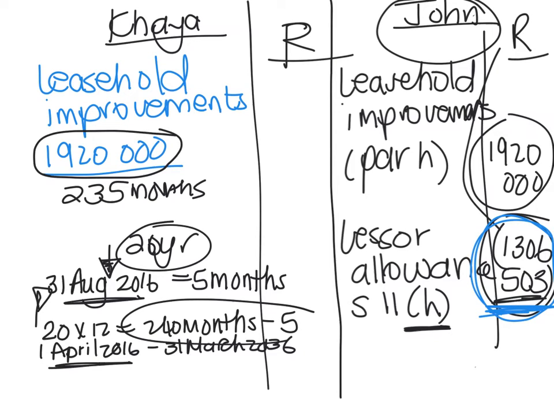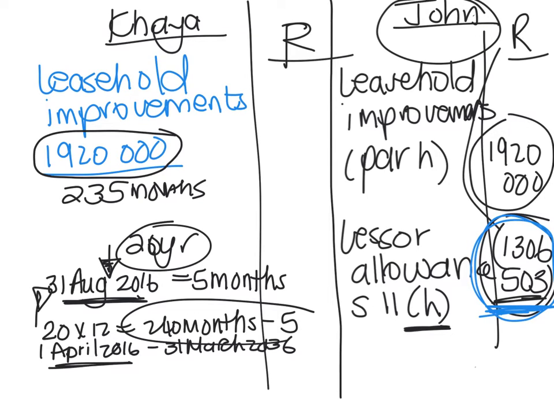So when I do this calculation, 1,920,000 divided by 235 months, what I get is the amount of the leasehold improvements that I can deduct per month. The problem is, in our 2017 year of assessment, this building was only brought into use on the 31st of August. So for how many months did I use it in 2017?